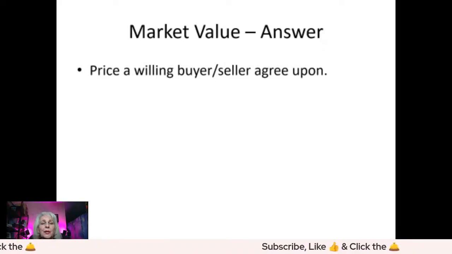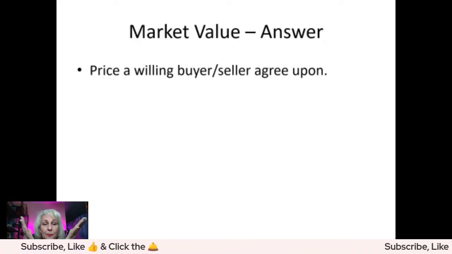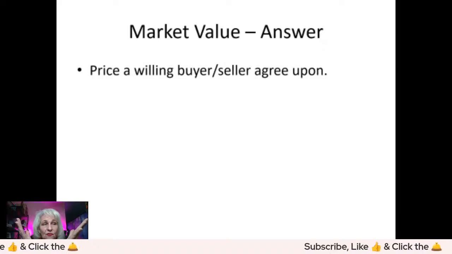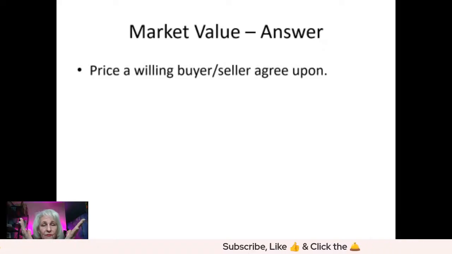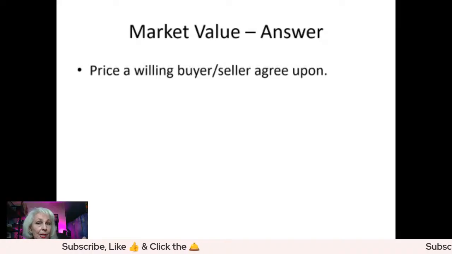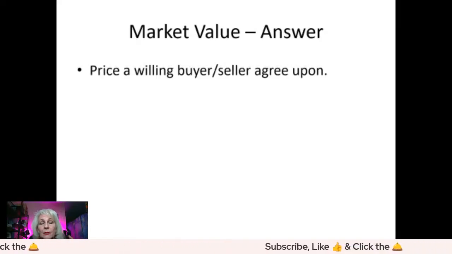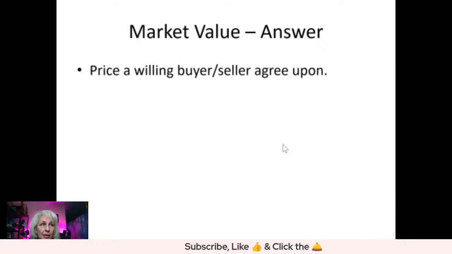It has to be a mutual agreement between the seller and the buyer. What they agree upon and sign contracts for, that is the current market value. Even though the appraisal might be higher or lower, what the buyer and seller agree upon becomes the current market value for that property.